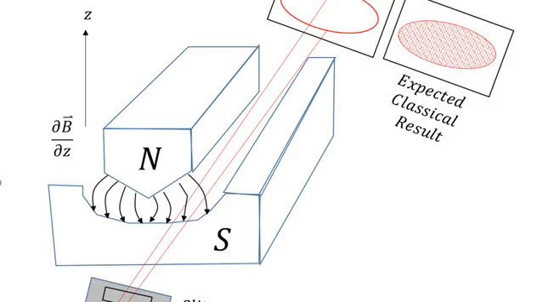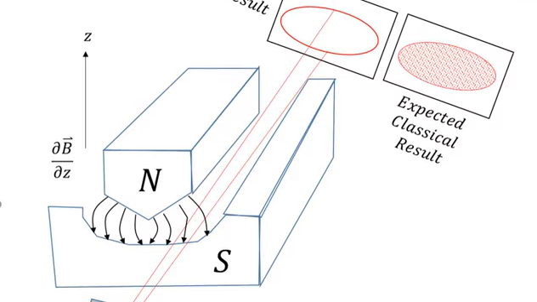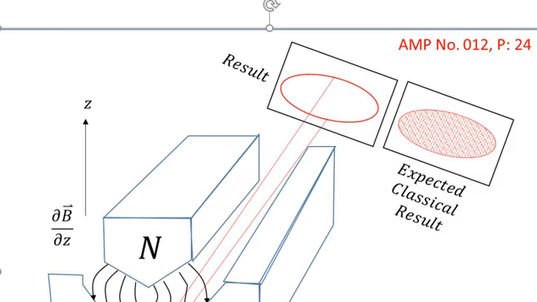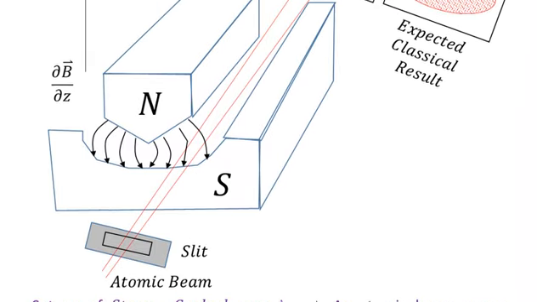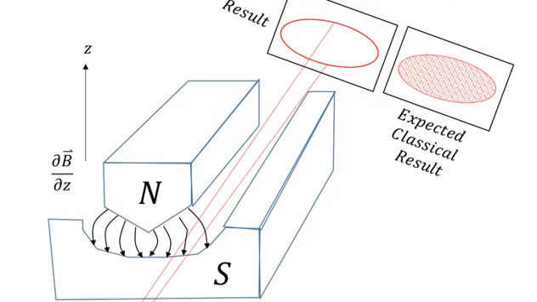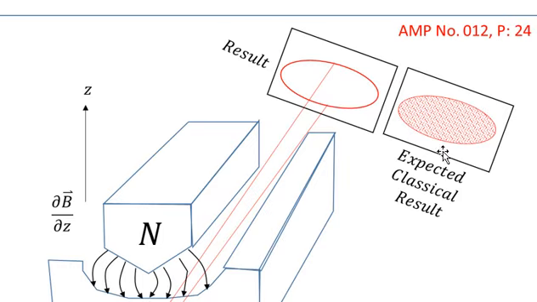Now the result: the classical result would be that there is no quantization. The magnetic moments of individual atoms are randomly placed. They are not aligned; they have random directions, and this is the classical result that we should obtain.